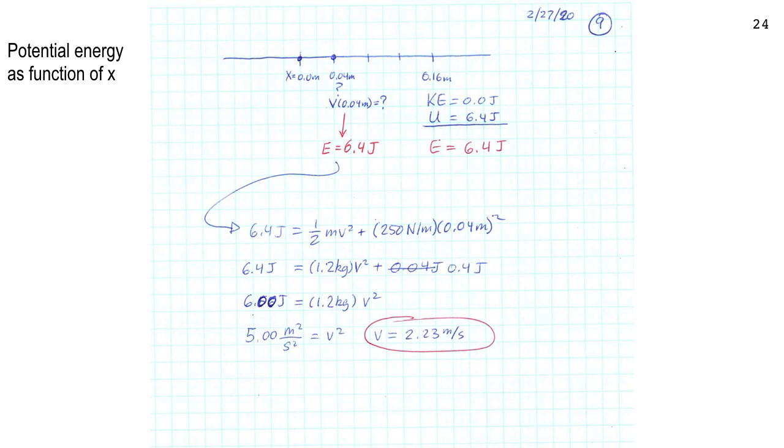I'll accept this one. 2.31, that's off. 0.54. I'll accept this one, but not this one. I'll accept this one as a velocity only because I'm being nice. It's a speed that I want, so there shouldn't be any negative signs, but I'll have mercy on you for that.